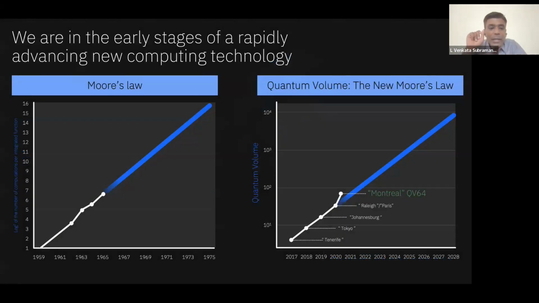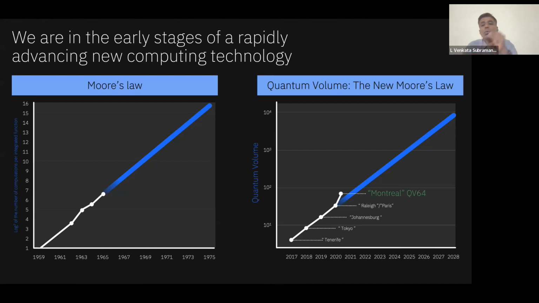The other very interesting thing is that quantum volume is doubling every year. I'm sure you've heard about Moore's law, which stated that classical computer power was doubling every 2 years.